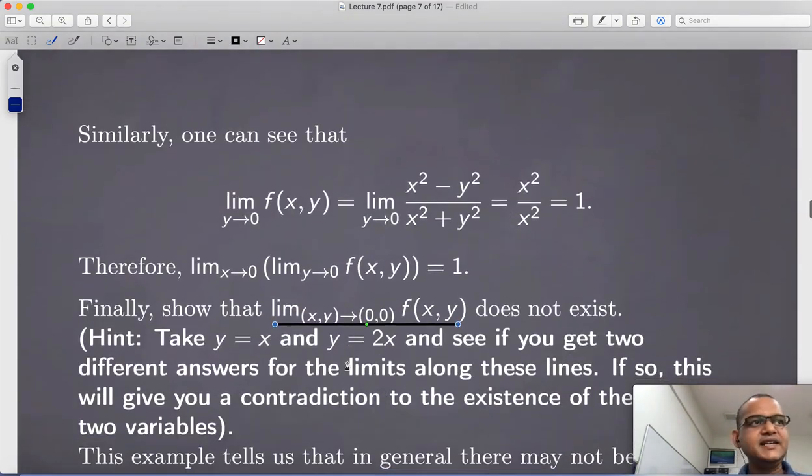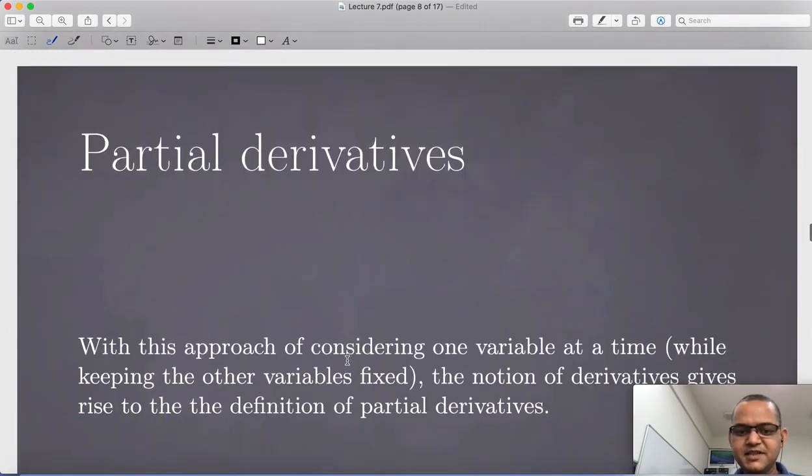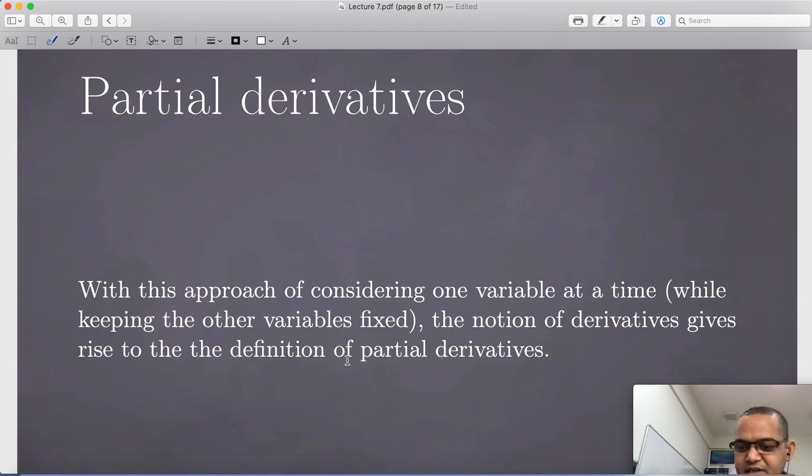This idea of considering one variable and keeping the other variable fixed gives rise to the notion of partial derivatives when we try to compute the derivatives of that function of a single variable. So I take a small break here and discuss the partial derivatives in the second part.